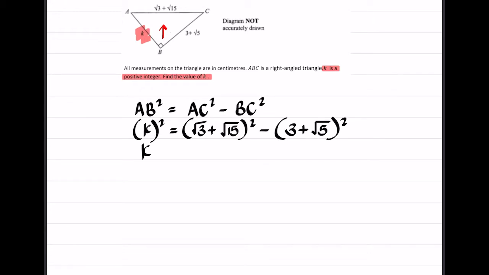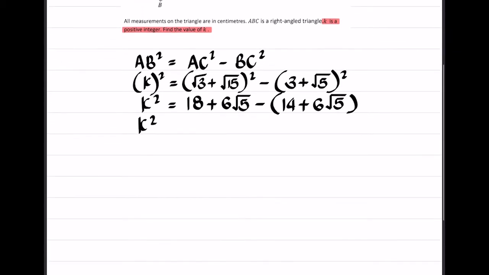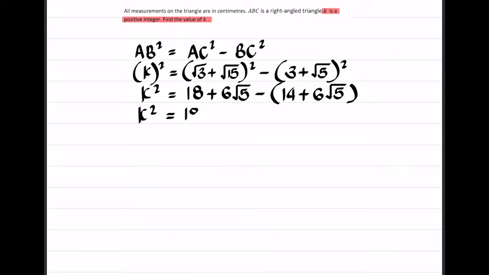When I do the square root of 3 plus the square root of 15 all squared on my calculator, I get 18 plus 6 root 5, minus 3 plus 5 root 5 all squared, which becomes 14 plus 6 root 5. So I have K squared equal to 18 plus 6 root 5.